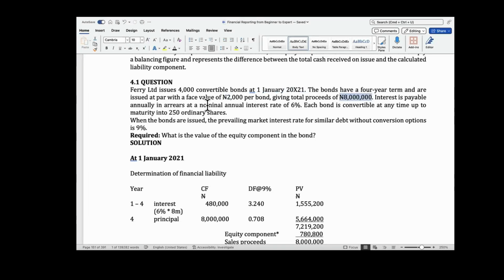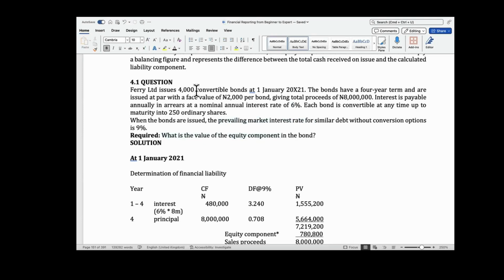Interest is payable annually in arrears at a nominal annual interest rate of 6%. Each bond is convertible at any time up to maturity into 250 ordinary shares. When the bonds are issued, the prevailing market interest rate for similar debt without conversion option is 9%. What is the value of the equity component of the bond?